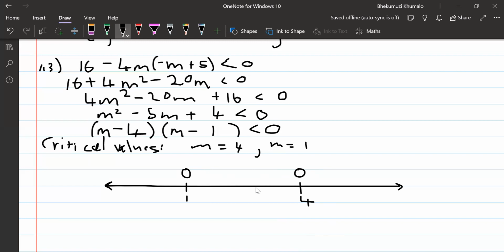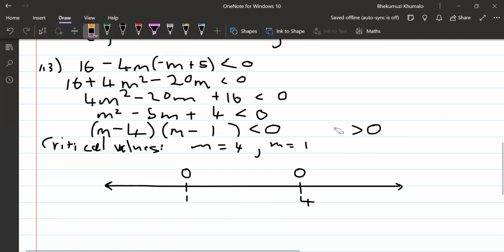If it was more than 0, would it be the closed circle? If it's just greater than 0 and not greater than or equal to, it's still open. So if it's just greater, then it is an open circle that you're going to put into your number line.